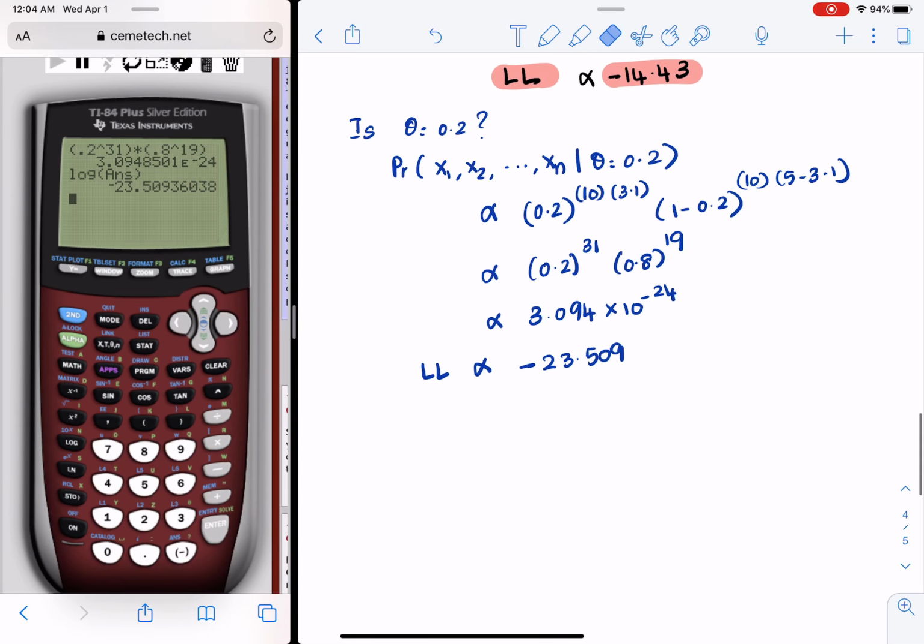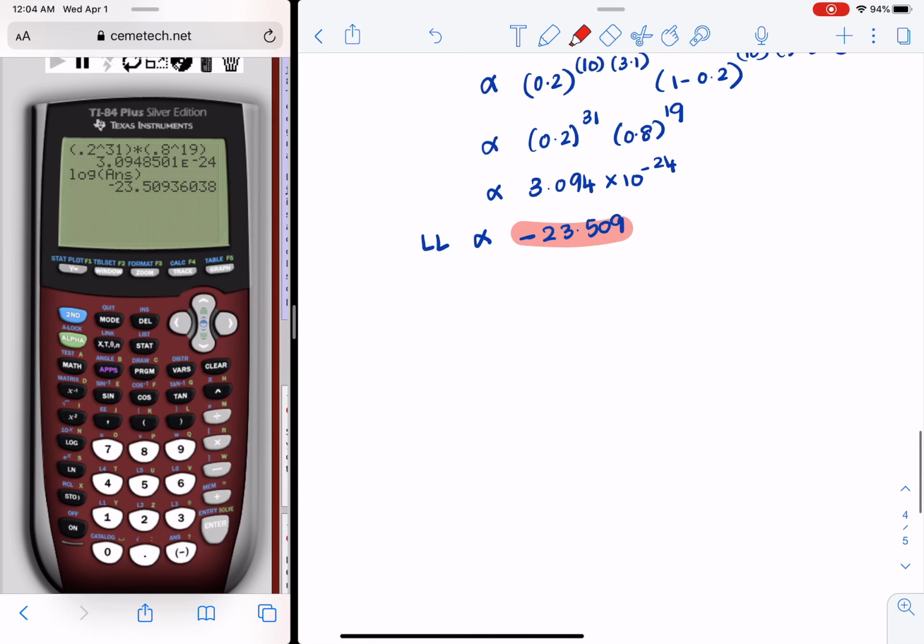We want to look at the maximum of these two possibilities. Clearly, negative 14.43 is bigger than negative 23.509, so theta is equal to 0.6.